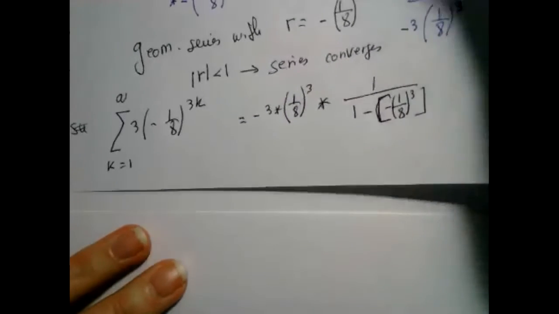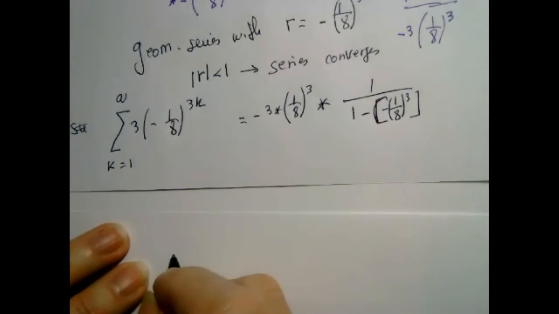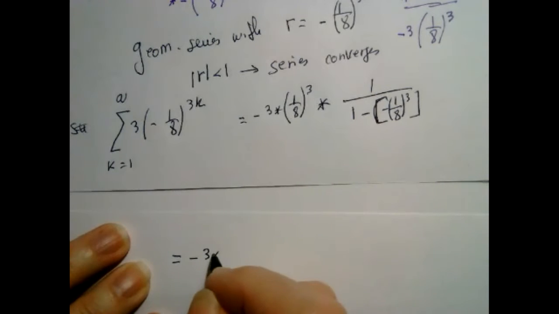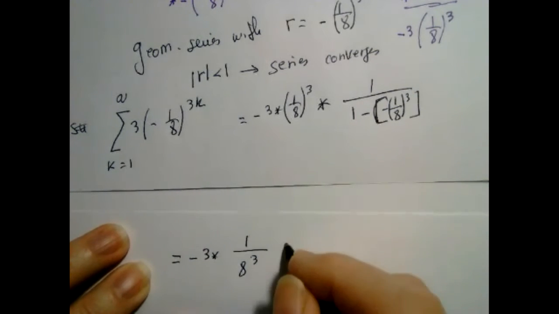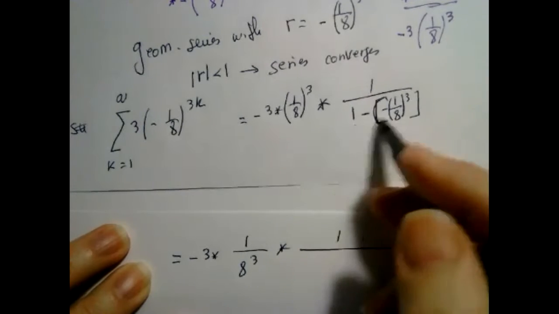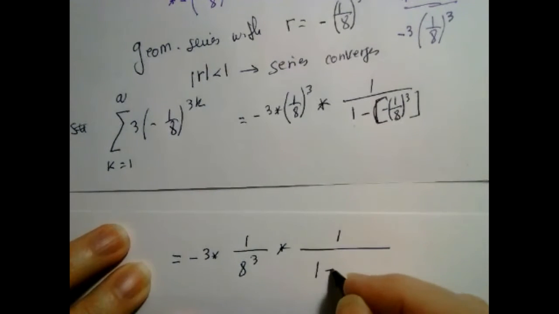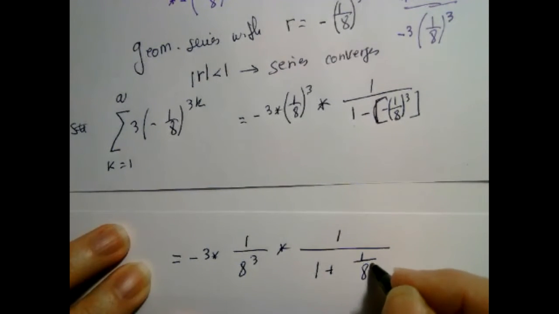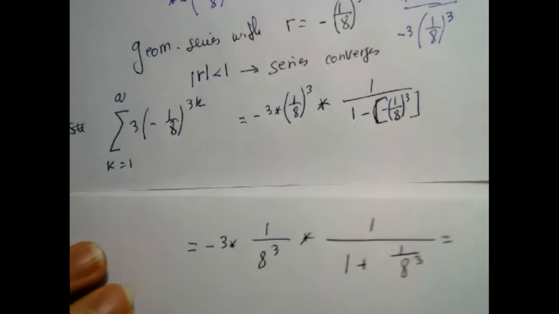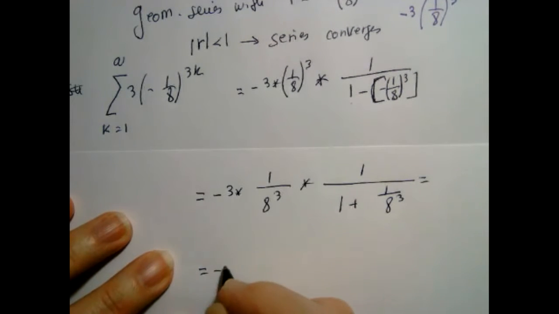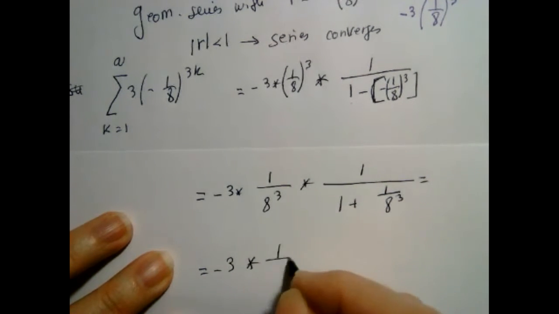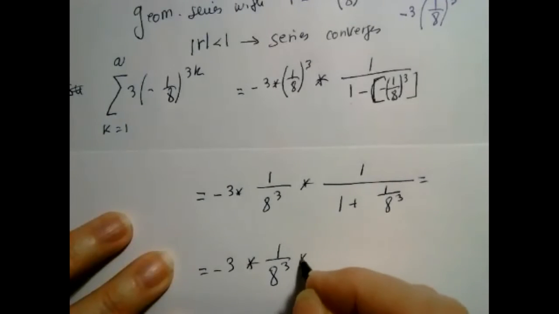So the sum is equal to minus 3 times 1 over 8 to the power 3, times 1 over 1 minus the ratio, which is 1 over 8 to the power 3. So a little bit of math will get me to minus 3 times 1 over 8 to the power 3.